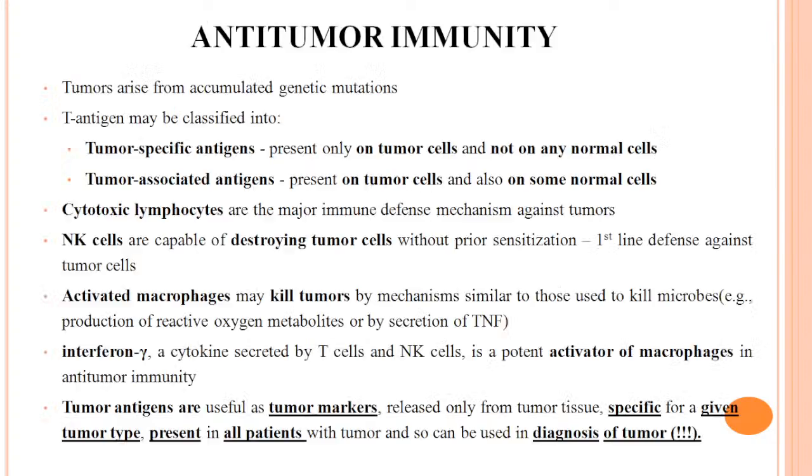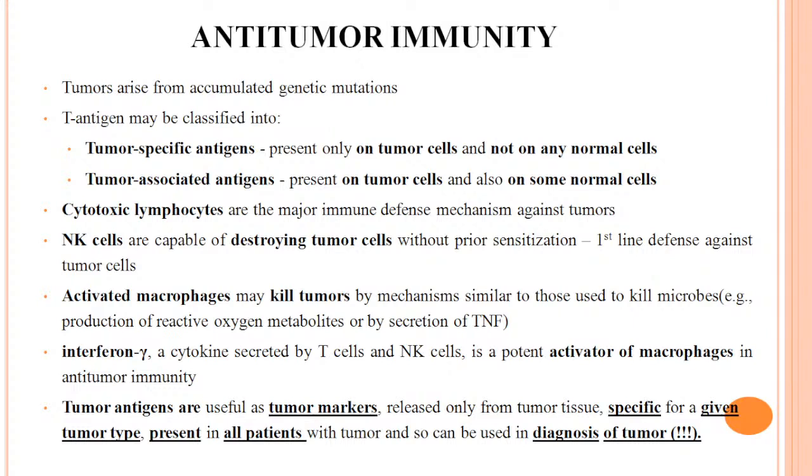The next topic that we will talk about is immunity in tumors. Firstly, what is a tumor and what are tumor cells? Tumors arise from accumulated genetic mutations. A tumor may occur in any human cell due to mutation, and it causes modification of the human cell.